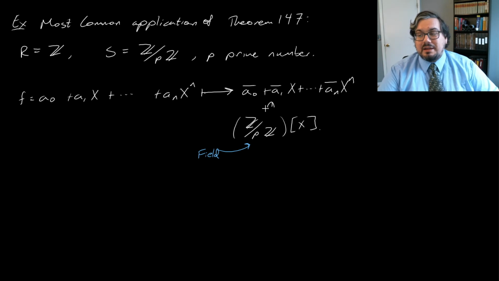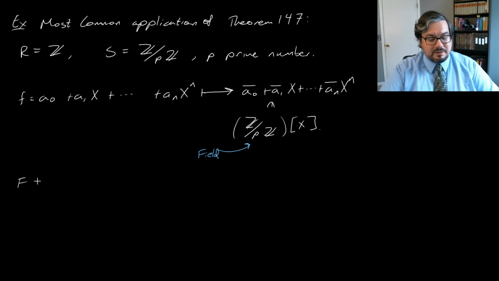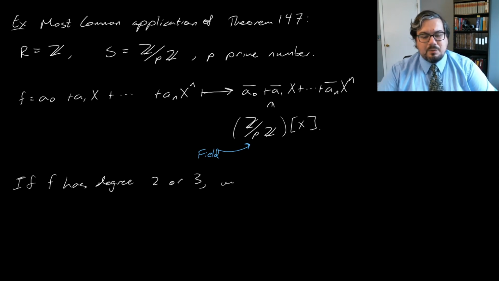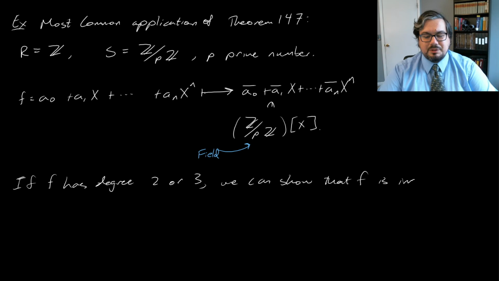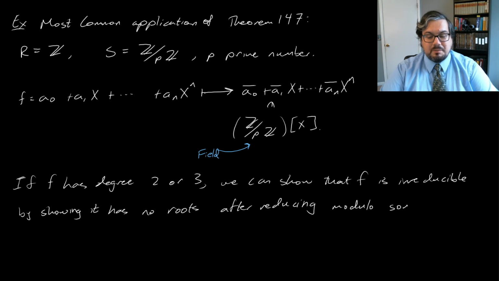In particular, if f has degree 2 or 3, we can show that f is irreducible by showing it has no roots after reducing modulo some prime p.